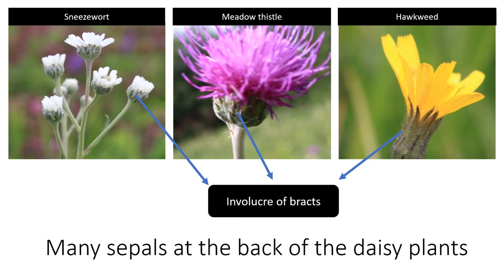Here I've got sneezewort. It's not one of your indicator plants, but it's a member of the daisy family. We've the meadow thistle, and it looks very thistle-like with that green bunching of sepals. And here we have a little hawkweed as well. So many sepals at the back of the daisy family plants.